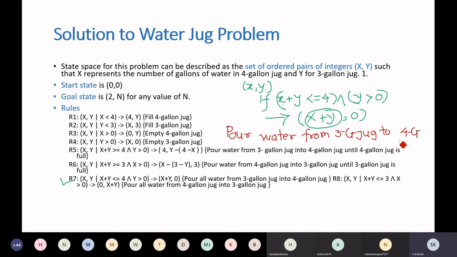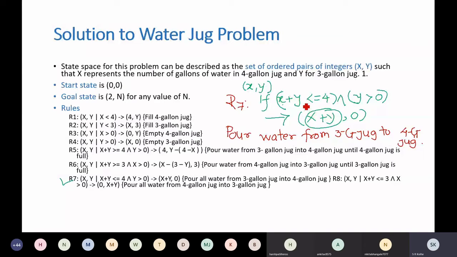That's what we do in our real problem solving process. But if you are doing that on a computer, you will represent that rule in this way. So this is rule number R7. Rule number R7 is pour water from the 3-gallon jug to the 4-gallon jug.